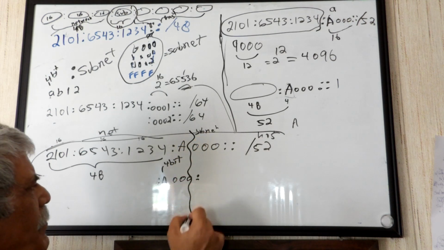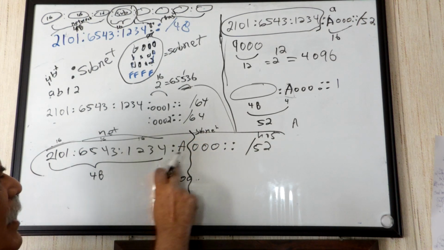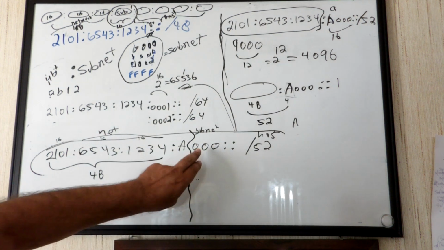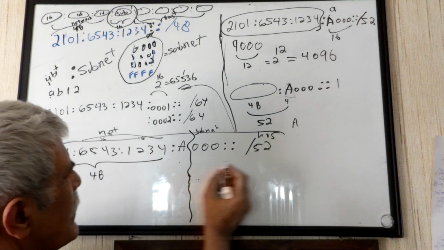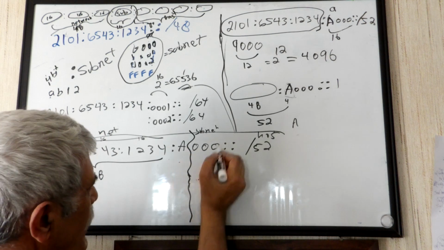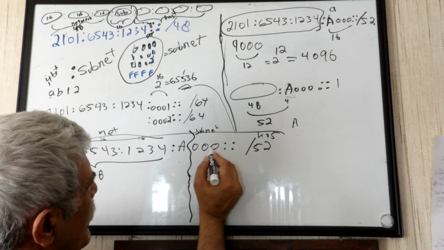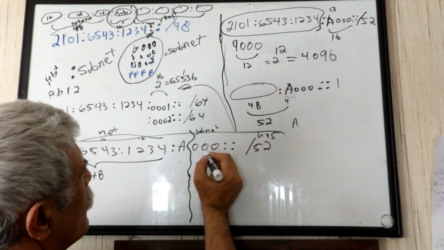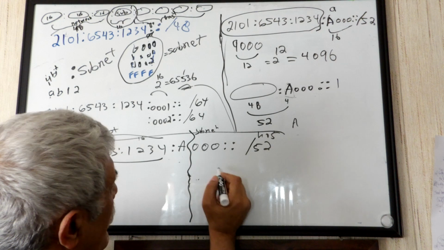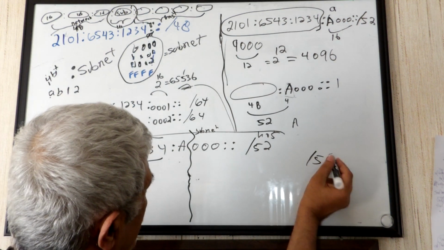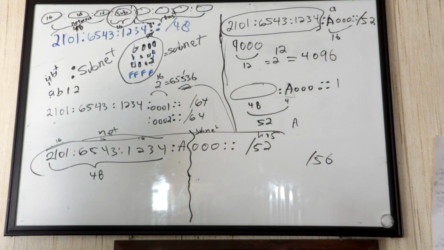There is only this part here we can use for subnet. That is 3 digits of 4 bits each, a total of 12: 4, 8, 12. So it's going to be 2 to the power of 12, about 4,000 subnets. We'll talk about 56 later. What is 56? Okay, now say 56.